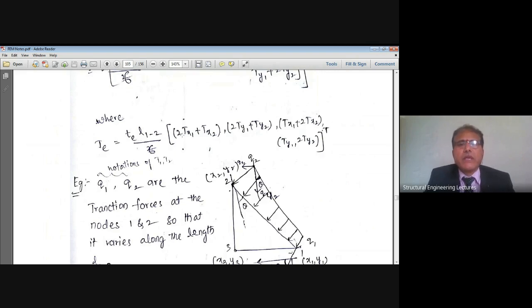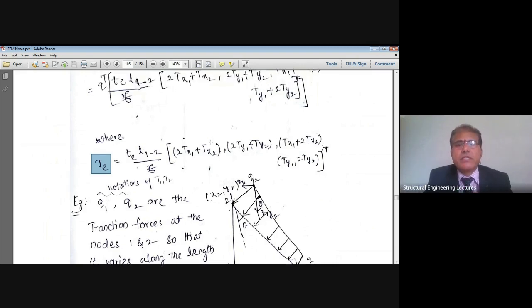It is given by t multiplied by the length of the line on which this traction force is acting, L12 divided by 6, times 2tx1 plus tx2 along the x direction, 2ty1 plus ty2 along the y direction at the first node, tx1 plus 2 tx2 along the x direction at node 2, and ty1 plus 2 ty2 along the y direction at node 2.